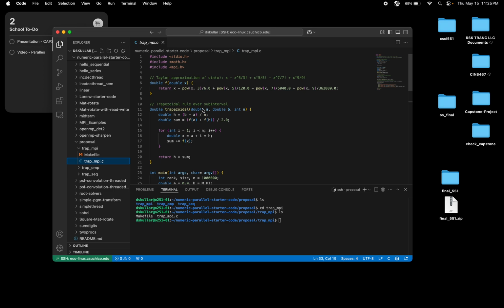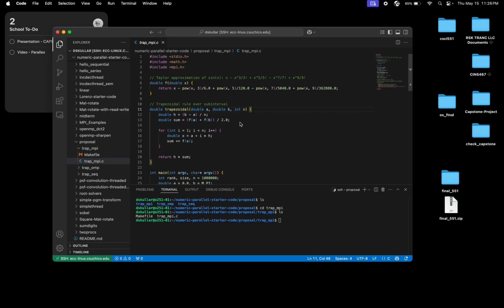What does our MPI code do? In this version, we compute the integral of a Taylor series approximation of sine of x over the interval 0 to pi. The function we integrate is x minus x cubed over 6, plus x to the power of 5 over 120, minus x to the power of 7 over 5040, plus x to the power of 9 over 362,880.